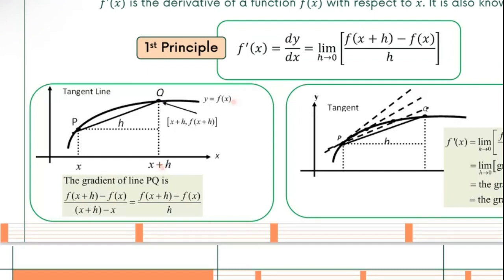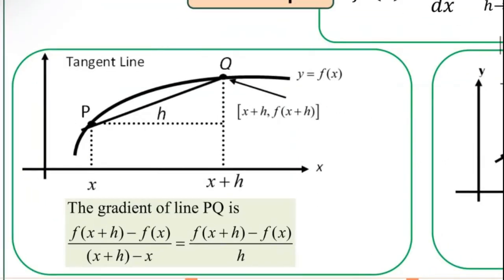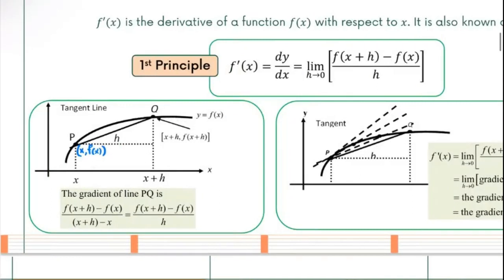Okay, so that means dekat sini saya gunakan point kat sini point kita adalah x dan f of x dalam bentuk koordinat. So ini adalah koordinat sebenarnya. Y kita adalah fx.